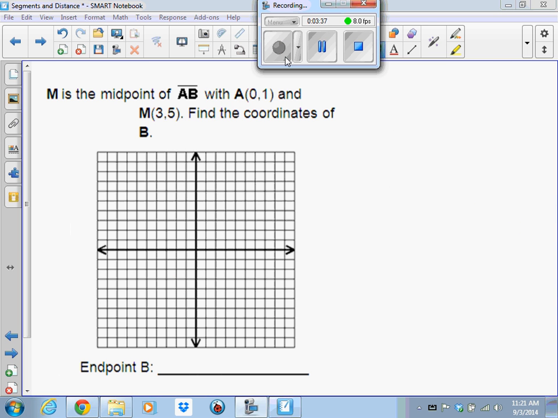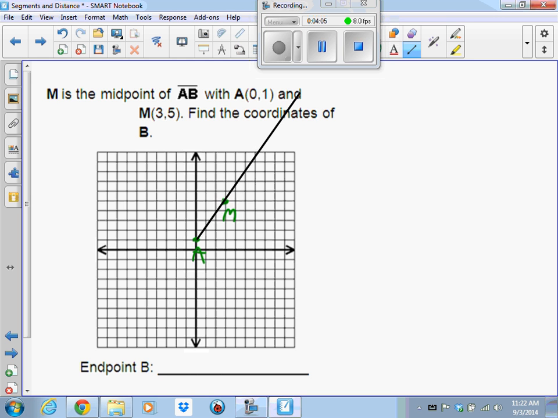All right, now the hardest thing on here is when they give you one point and the midpoint. Here we have A at 0, 1. The midpoint is at 3, 5. So this is A, and this is my midpoint.